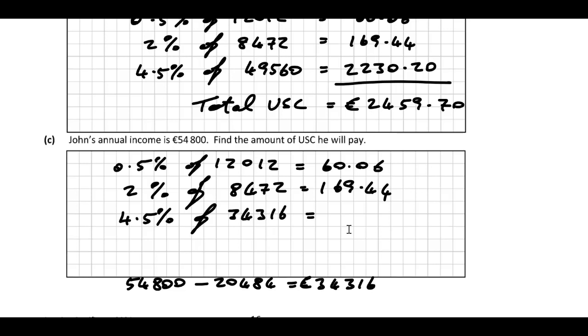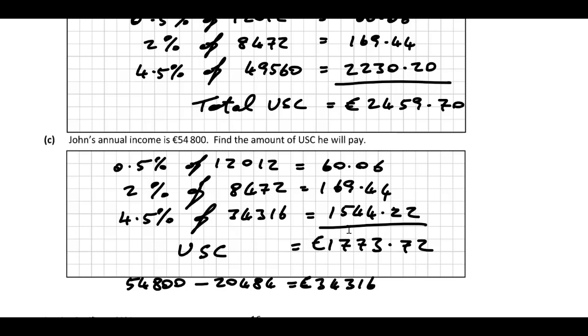If you multiply that by 0.045, that'll give us 1544.22. So his USC will come to 1773.72 euros. This is the amount of USC that John will have to pay.